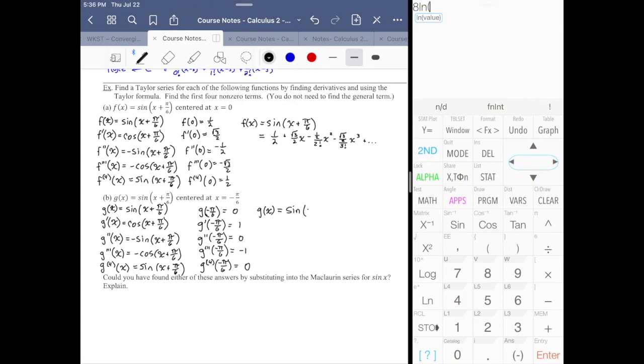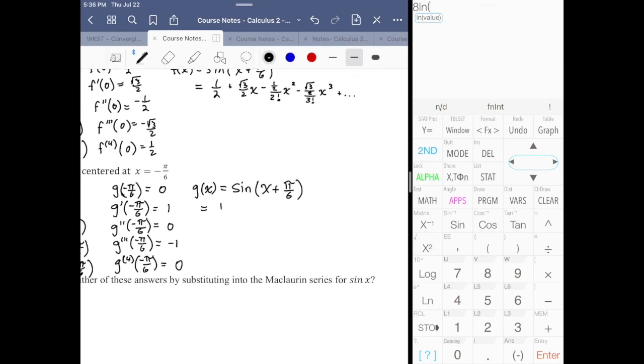So g of x being equal to, again, sine of x plus pi over 6 is going to be equal to, so now our coefficients are a lot nicer, so 0 over 0 factorial. All right, so 0 over 1, so the first term is gone, plus 1 over 1 factorial.